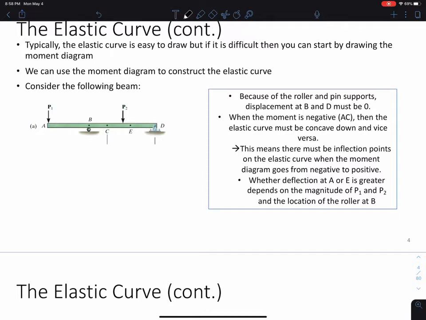So let's say we're going to draw the moment diagram for this system. Okay, we'll have, of course, starting with 0 moment, ending with 0 moment, no moment applied here. Let's draw some vertical lines.